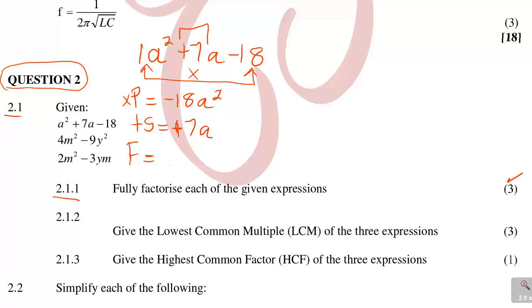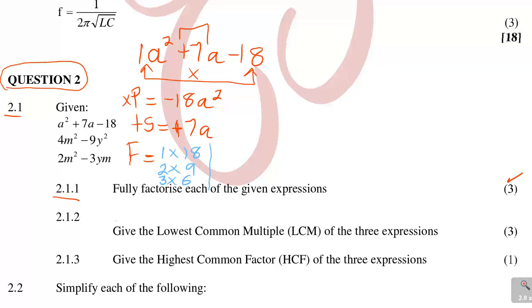So in other words, I'm looking for the factors of 18, which is 1 times 18, 2 times 9, 3 times 6, and then 4 is not a factor, 5 is not a factor, 6 is a factor, but it is 6 times 3. So these are basically all the factors.